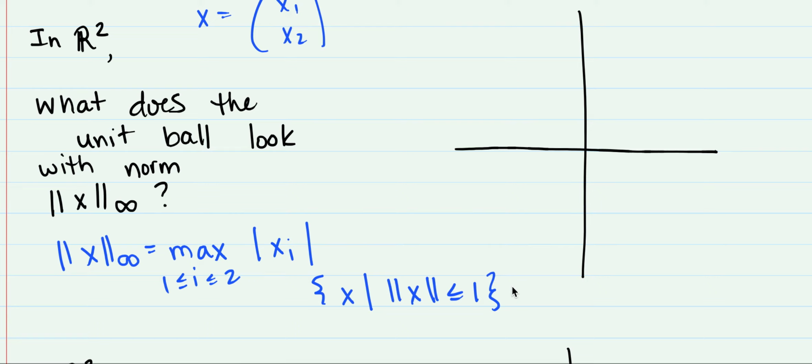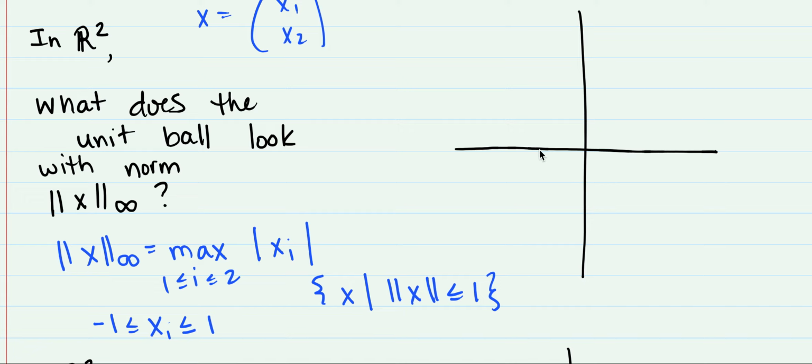Okay, so what does that tell me about my values for xi? I want the max to be less than or equal to 1. And that's the absolute value of the max of what's inside this vector. So that tells me that my xi's have to be less than or equal to 1 and greater than or equal to -1.